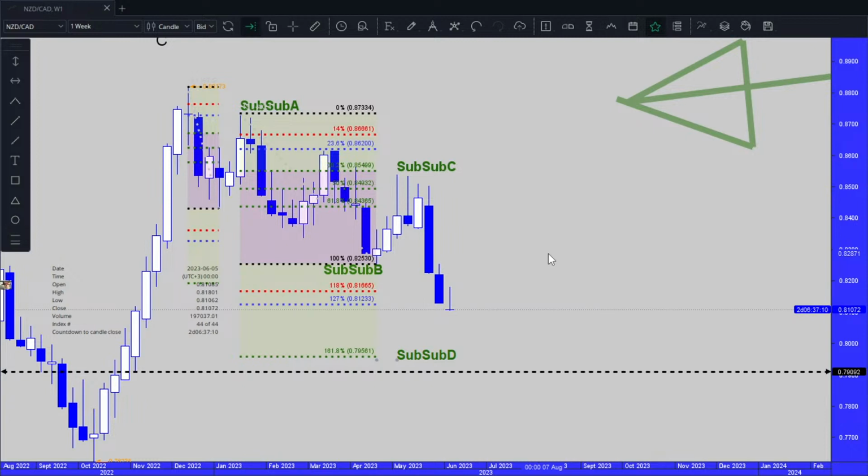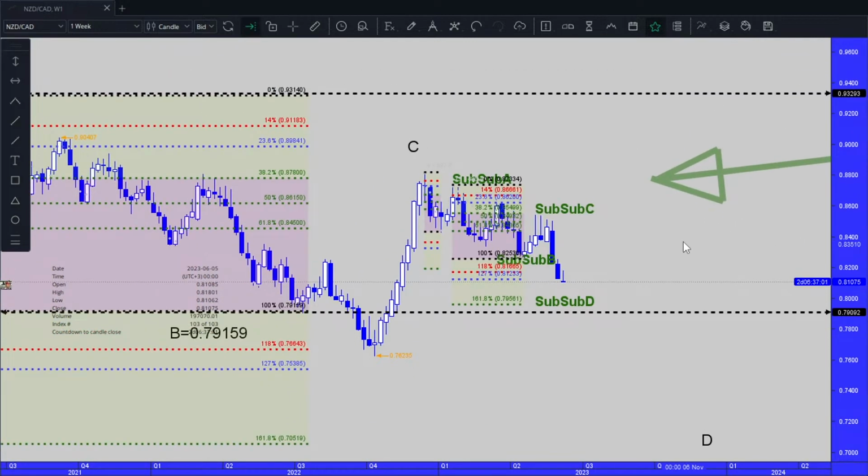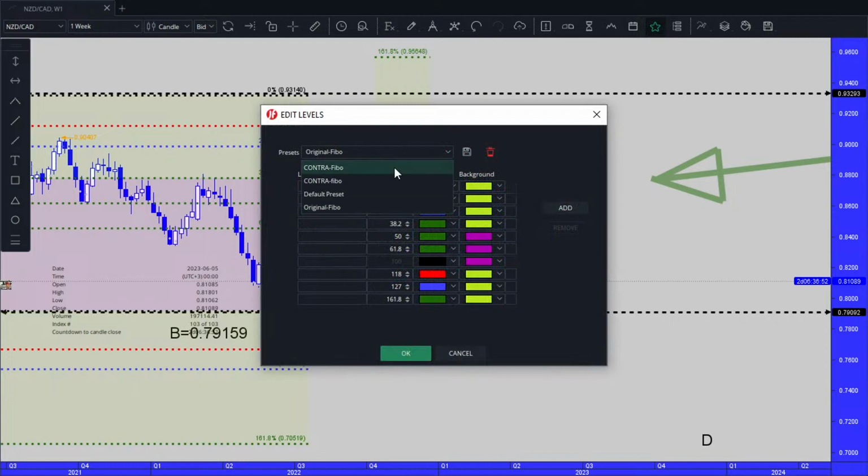Yes, correct. Alright, everybody? But remember, so far, you know, this is still active, the contrarian.